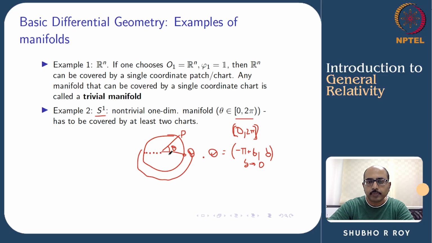And then this covers the lower half, including the points on the equator. And I can take theta bar to cover the upper side, which would be something like this. Minus delta to pi plus delta.